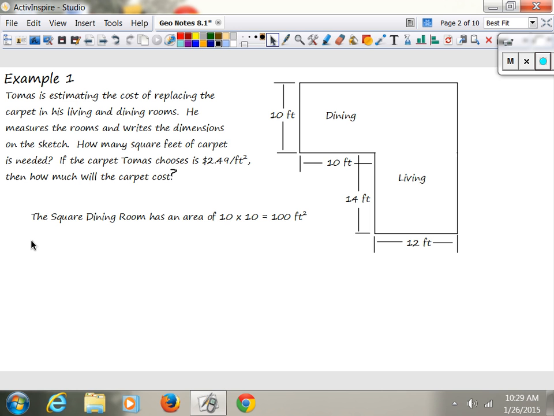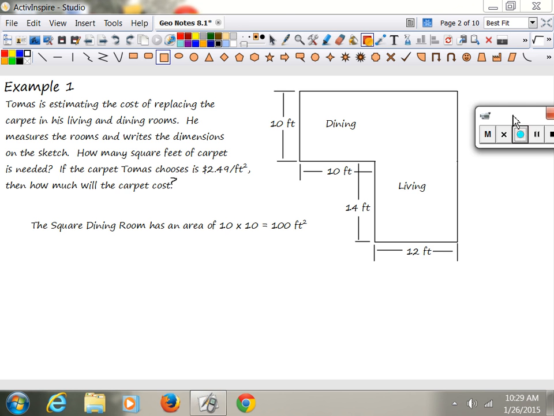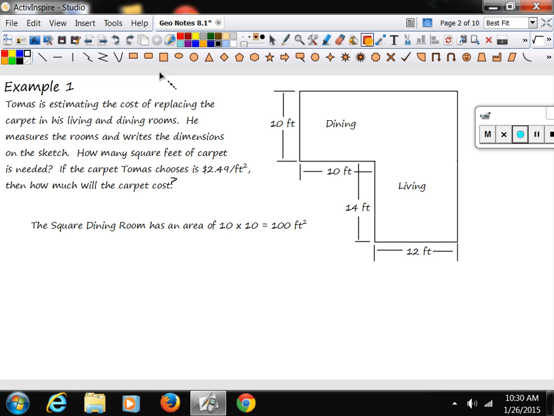So I'd take a dotted line here and make a line straight up so that you can see the square dining room, and it's got 10 by 10 dimensions.